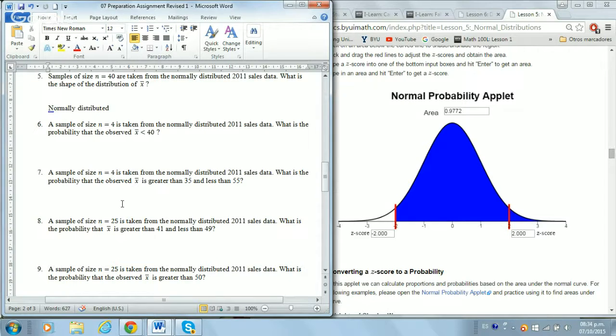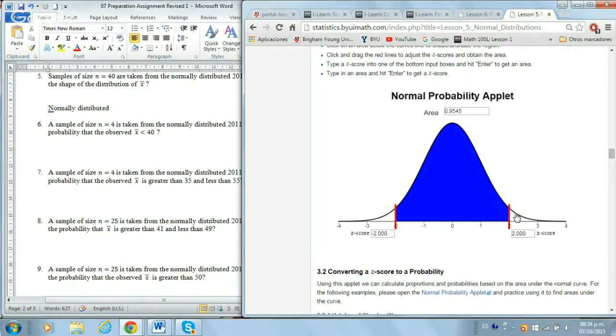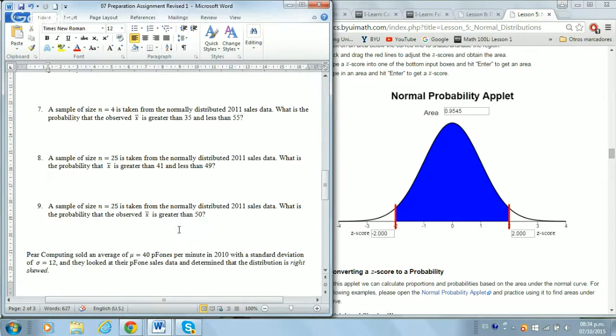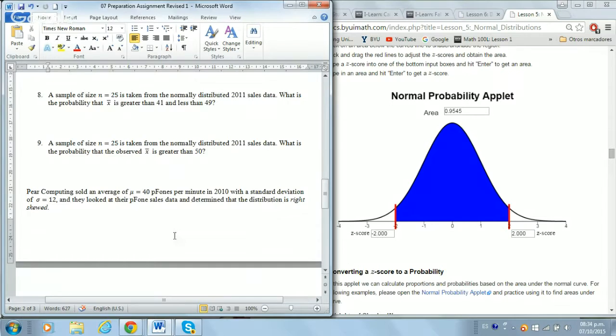So because they give you these two parameters, the area that we are looking for is the middle of these two, right? Correct. So the area is 0.9545. Yes. Okay, perfect. So this is the answer. This is the probability for greater than 35 and less than 55.